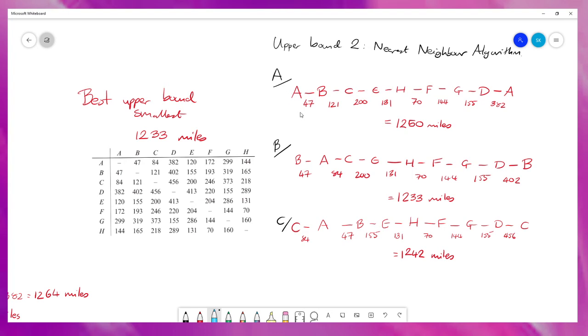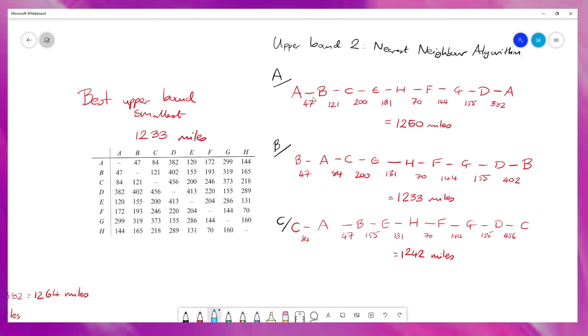So that's the first major difference between nearest neighbour and Prim's. Don't get them mixed up. The other big difference is that for nearest neighbour you go back to the start. Once you've finished, with Prim's you stop, with nearest neighbour you go back to where you started.